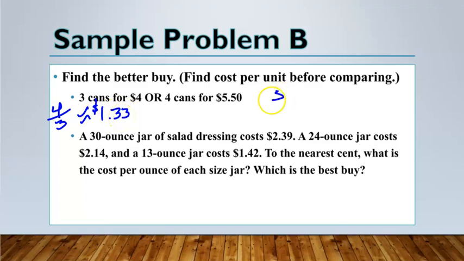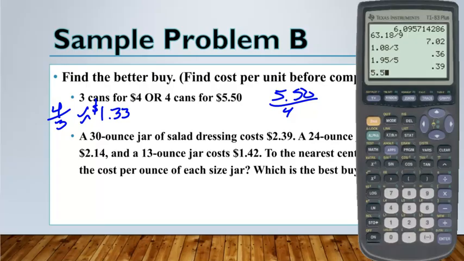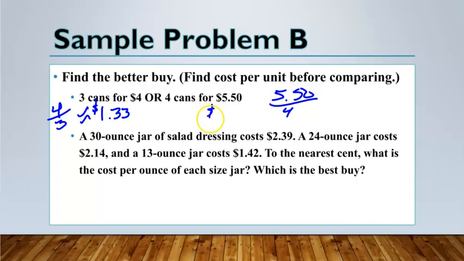And then we have the $5.50 divided by 4. Grab our calculator very quickly. $5.50 divided by 4 cans. That would give us $1.38. And $1.33 is cheaper, so we would go with the 3 cans for $4.